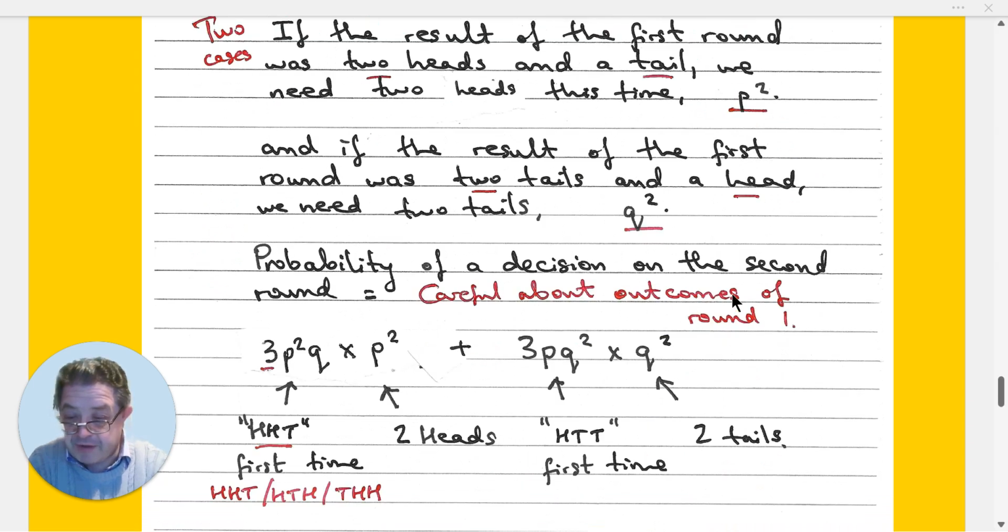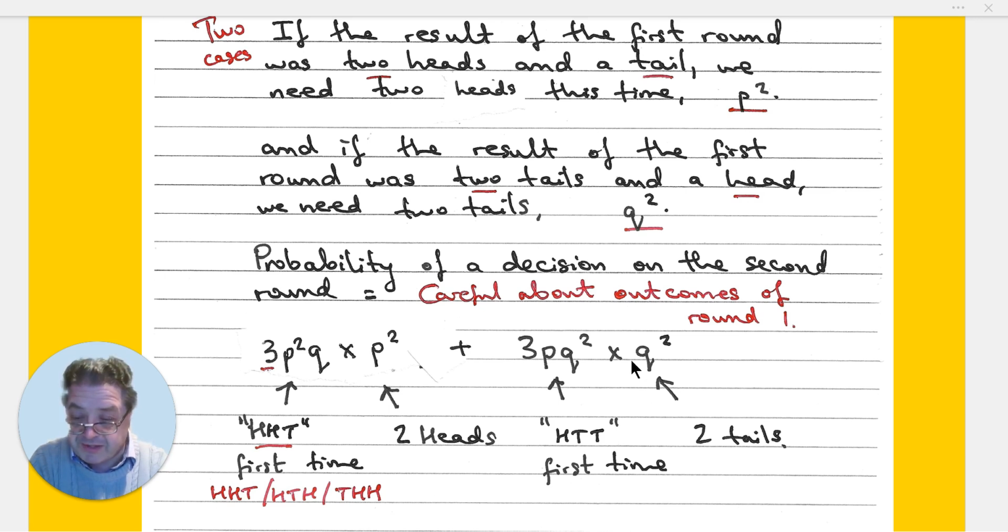So, being careful about the outcomes here, if in the first round they got 2 heads and a tail, the probability of that was 3p squared q, the 3 because of the 3 orderings, and then we need 2 heads in the second round, and the other possibility was 2 tails and a head in the first round, the chance of that being 3p q squared, and then 2 tails in the second round.